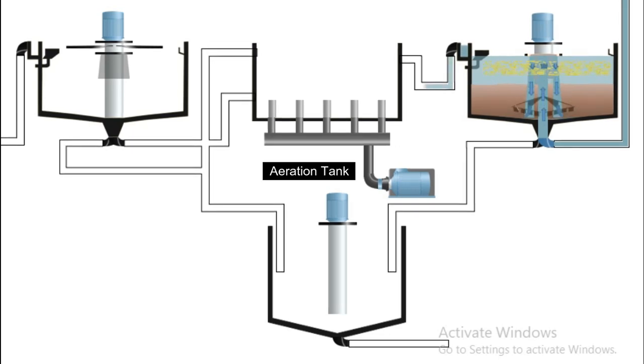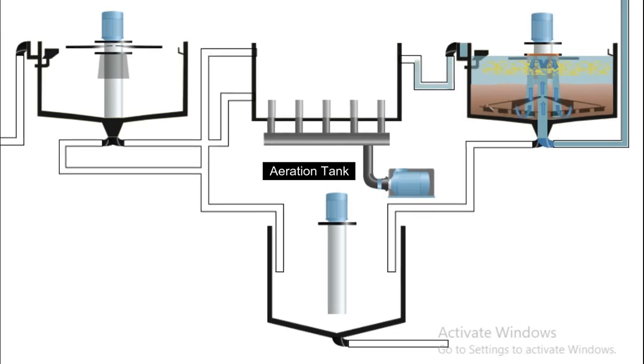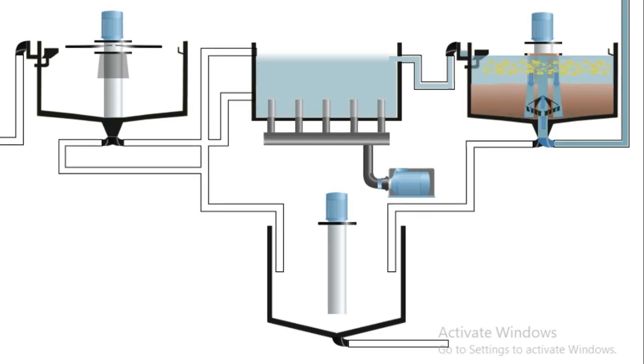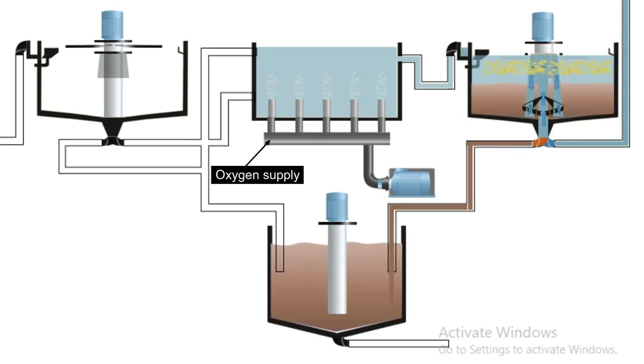From here, the clarified water enters the aeration tank, the heart of the activated sludge process. In this unit, microorganisms break down dissolved and colloidal organic matter in the presence of oxygen, supplied through diffusers or mechanical aerators.